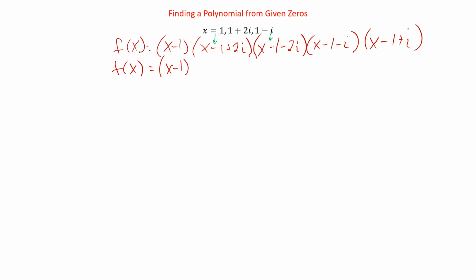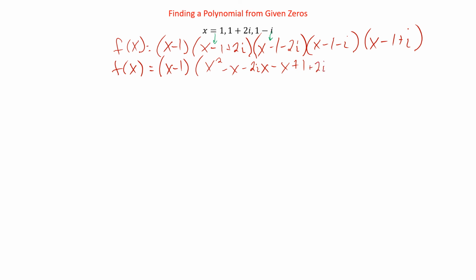And then we'll take the first two. So we'll have x times x is x squared. And then we have to distribute everything. So x times negative 1 is negative x. x times negative 2i is minus 2ix. Then the negative 1 times x is minus x. Negative 1 times negative 1 is plus 1. Negative 1 times negative 2i is plus 2i.